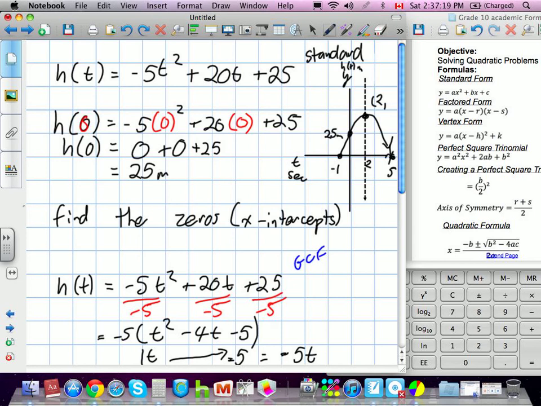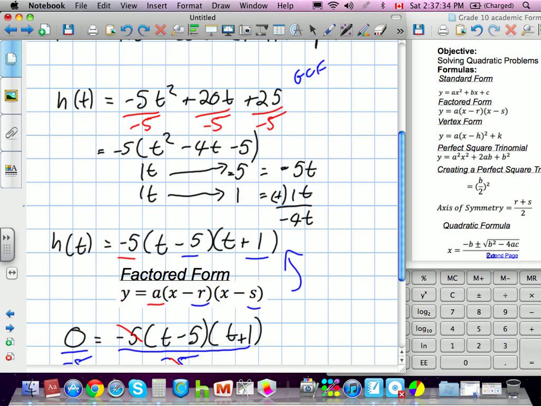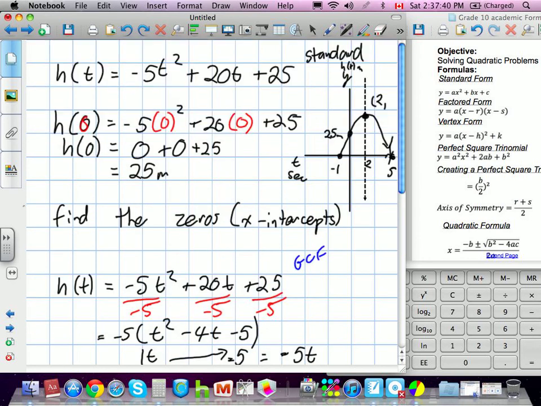What I need to do now is take this x value of my vertex and either plug it into the standard form or I plug it into the factored form and find out what that height will be at that time. Okay. So, what that means again is we plug 2 into this equation. So let's go back to the original one. We'll go back to our standard form of the equation and we'll plug the number 2 into it. Okay.